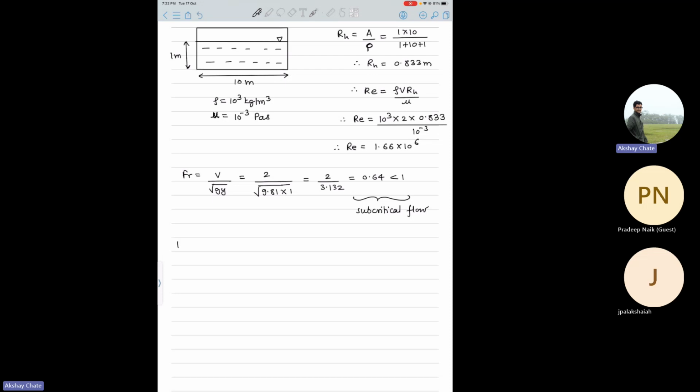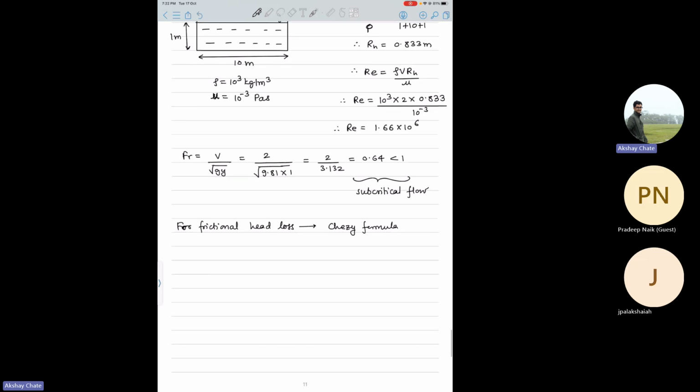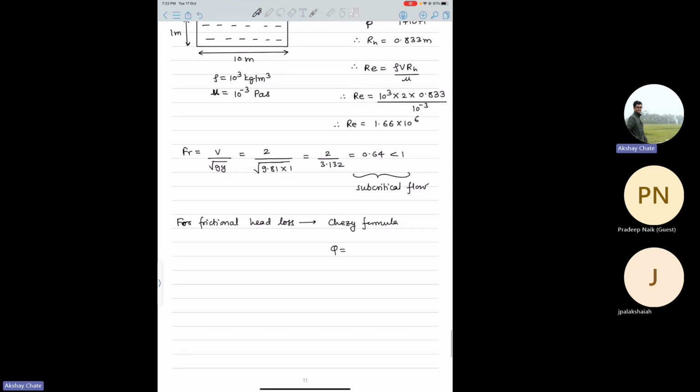So for frictional head loss, you have this Chezy formula, which gives you the flow rate as area into velocity.